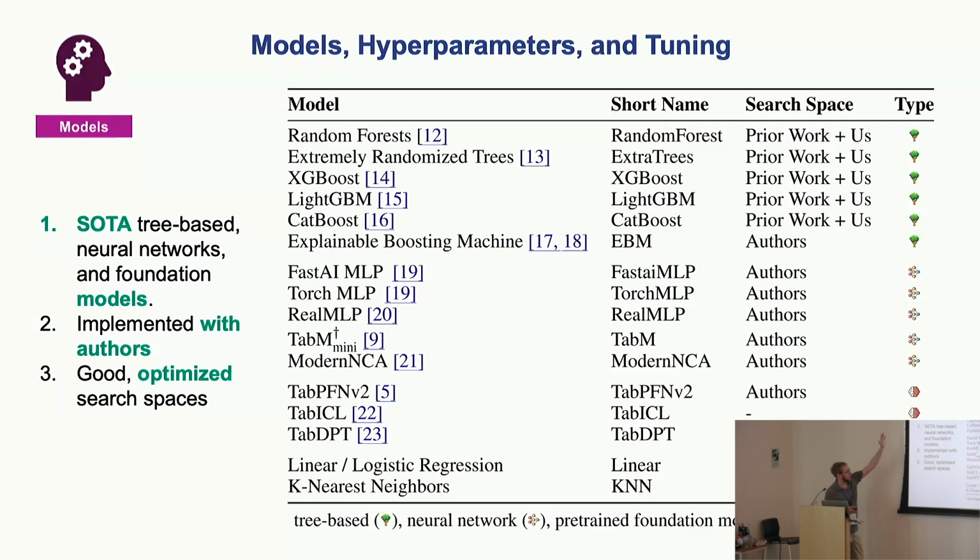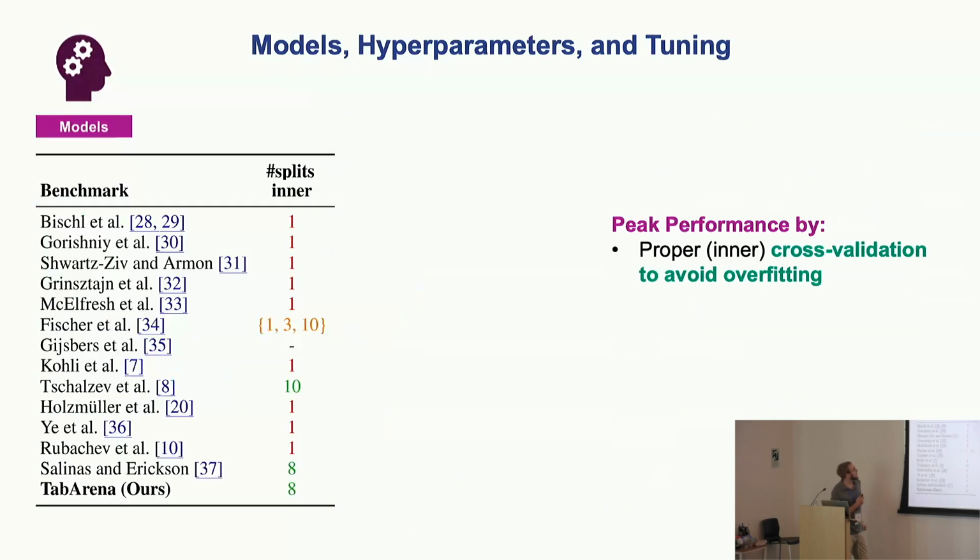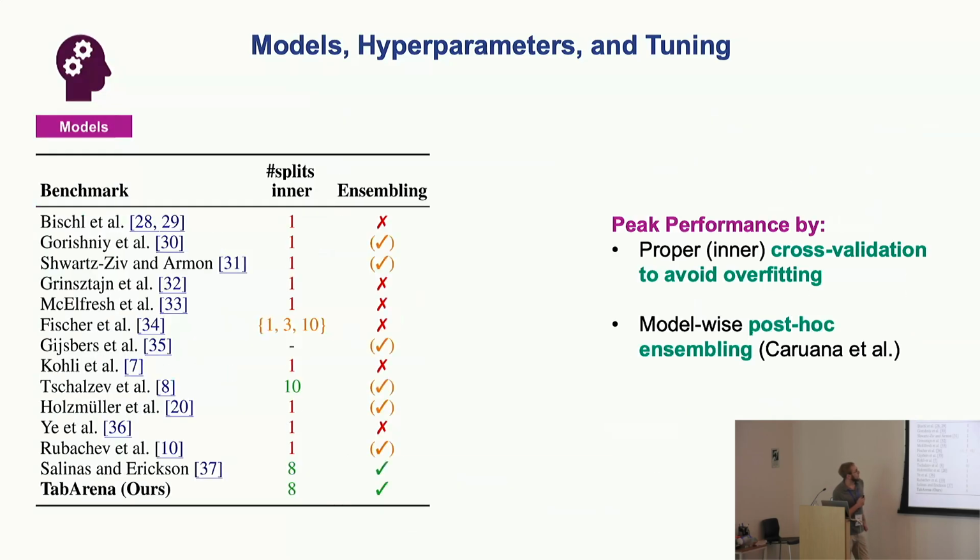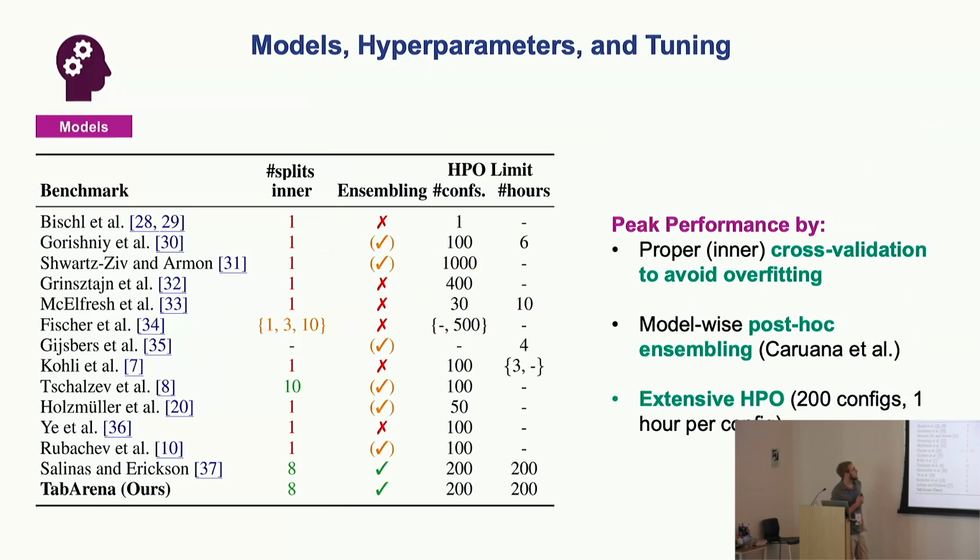And we implement all these methods here. When possible, we directly work with the authors of the methods for them to inform us of their desired search space. And not just that, we work with them by running it, showing them the results, and then they have opportunities to further refine it and make it better. Another thing we do is ensure that we have 8 inner splits.